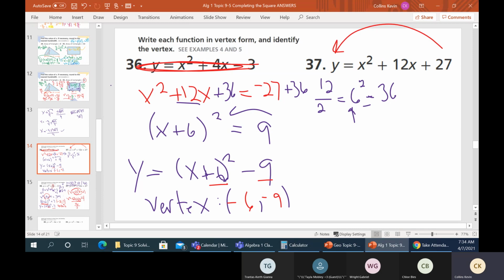So what this is telling us is we know that the quadratic graphs are U-shaped, right? And since this is a positive x squared, then it's going to be a U going this way, right? And then the vertex is this bottom point. So that point there would be minus 6 and minus 9. So that's some stuff we had done in the past.